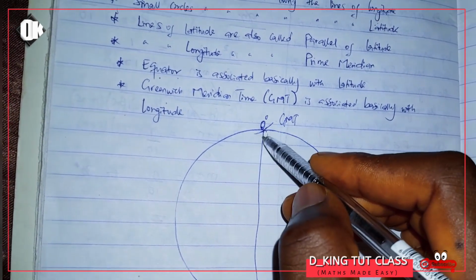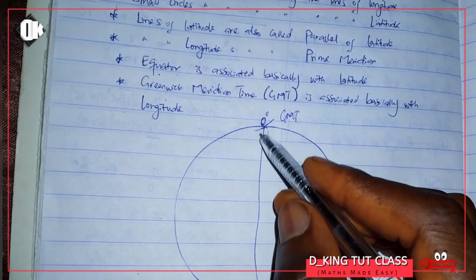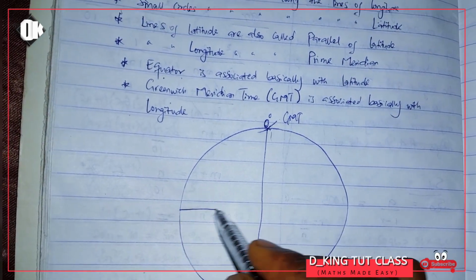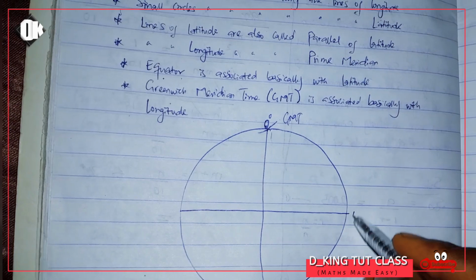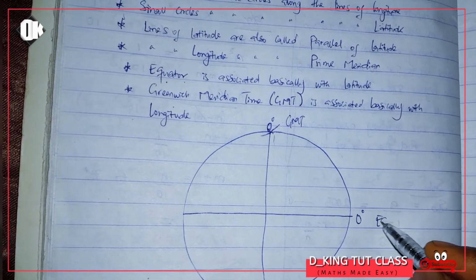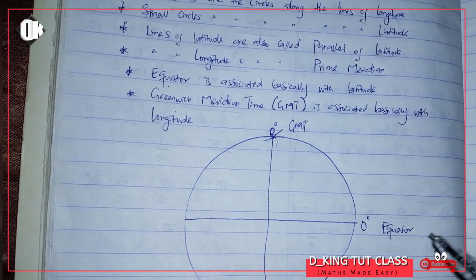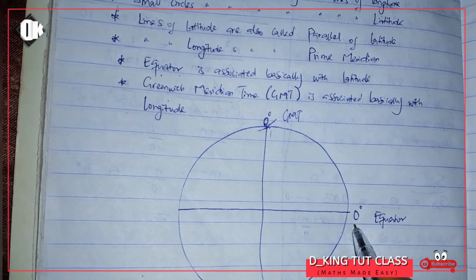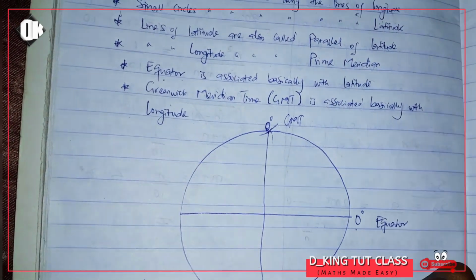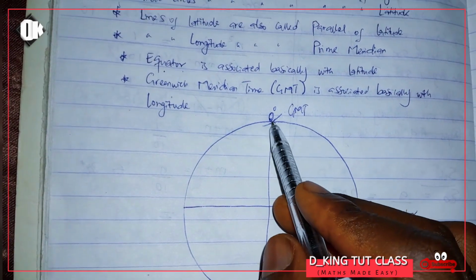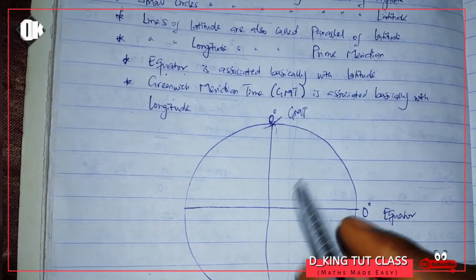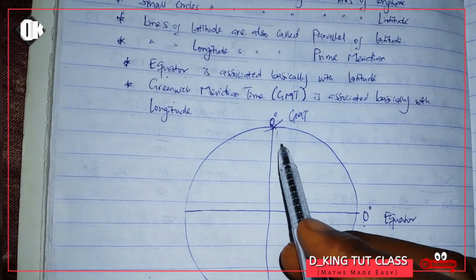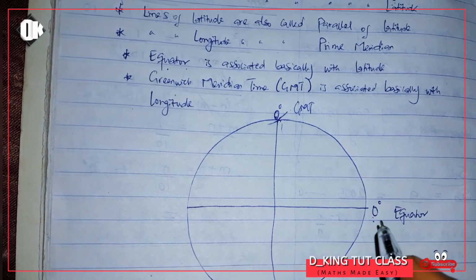So it means this is my origin for lines of longitude, and in this case, this is my equator. Okay, and this is my origin for lines of latitude. Remember, this is my GMT, this is my equator, this is 0 degrees, 0 degrees. They represent the origins for longitude and latitude, respectively.